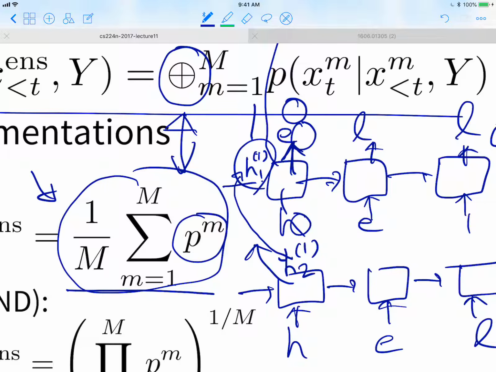In that case, we do the averaging operation on these two hidden state vectors, and we obtain one single averaged hidden state vector.